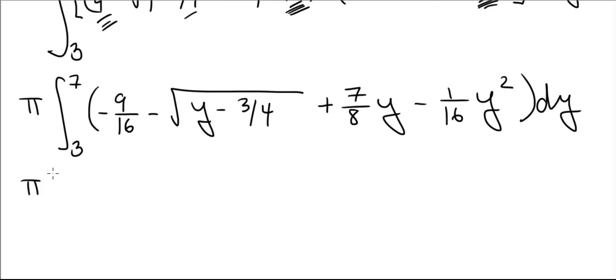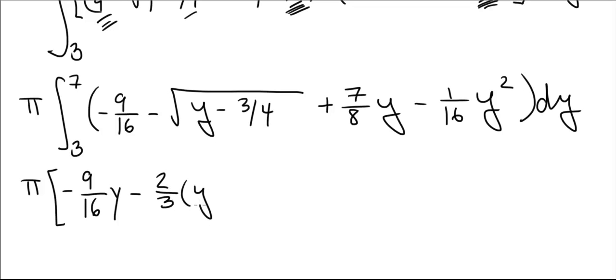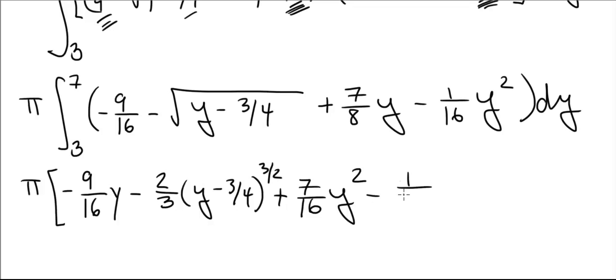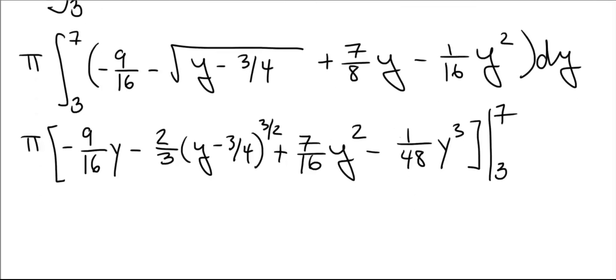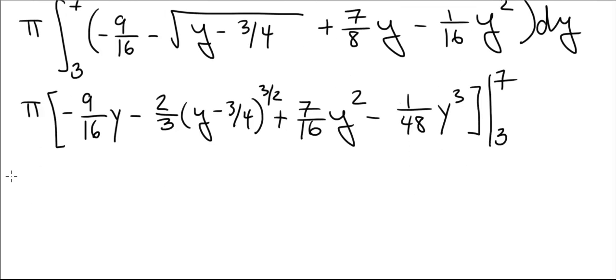We have pi times minus 9 over 16 y minus 2/3 y minus 3 over 4 to the 3/2, plus 7 over 16 y squared minus 1 over 48 y cubed. And this is evaluated from 3 to 7. So let's plug in 7 for y. First, we have pi times minus 63 over 16.